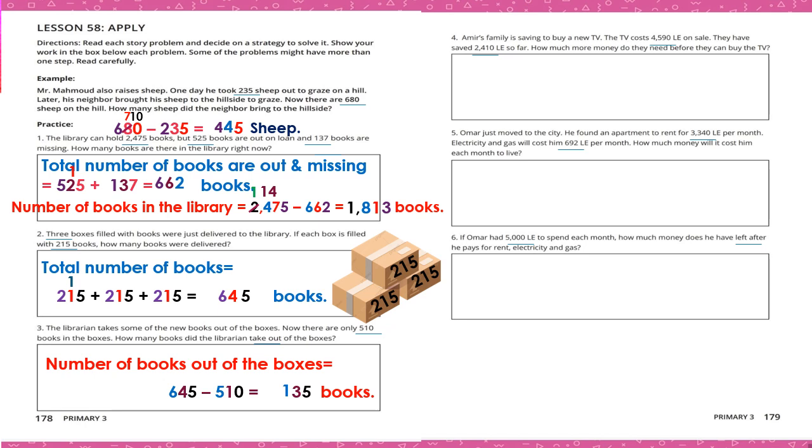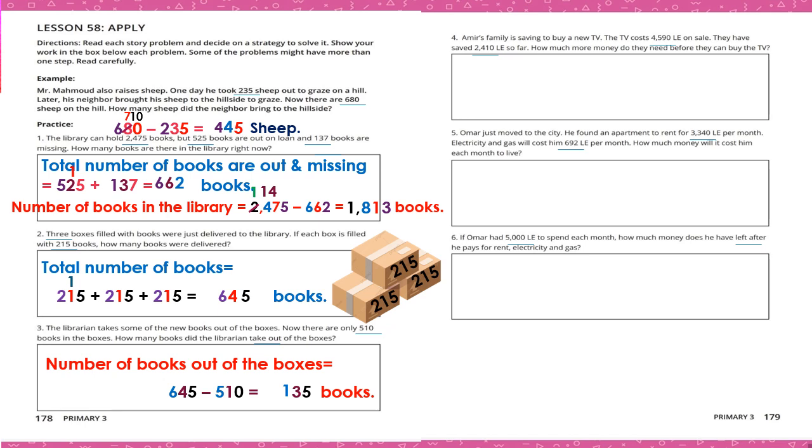They have 2,410, but the price of the TV is £4,590. Okay, how much more money do they need to buy the TV? What shall we do? How much more?